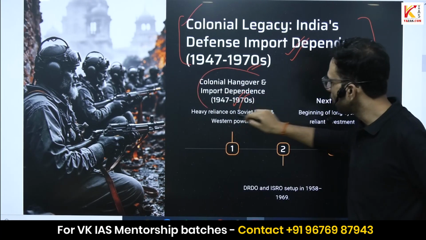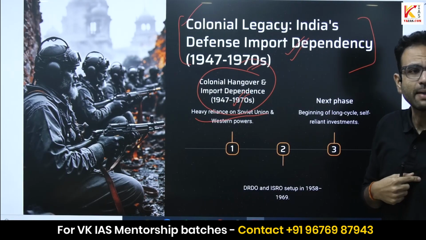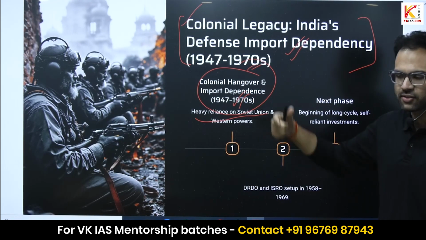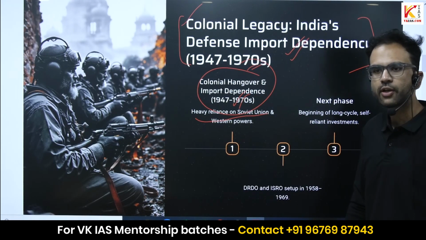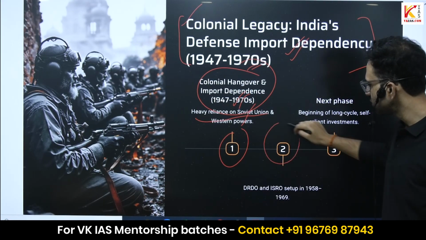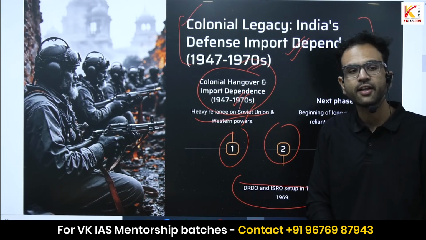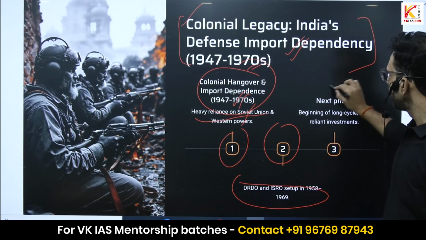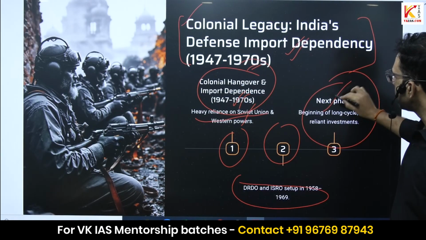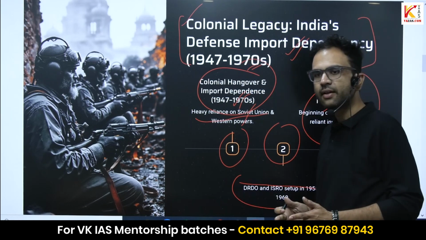Here you have to showcase some examples where we were depending on our ally, the Soviet Union. First point. Second point is, then you will say we have tried to move away from that by establishing DRDO. And then in the next phase, we have started investing in long cycle investments.